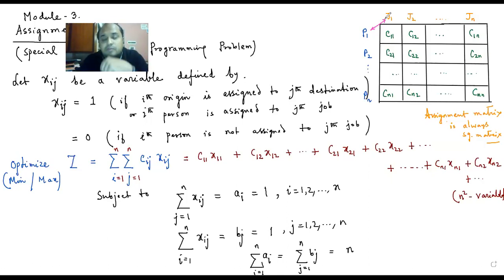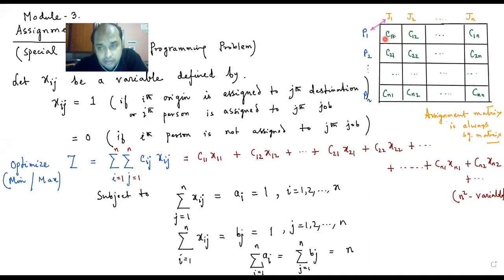When the person P1 is assigned to job J2, he needs T12 time to complete the job. When the person P1 is assigned to job JN, he needs T1n time to finish the job.